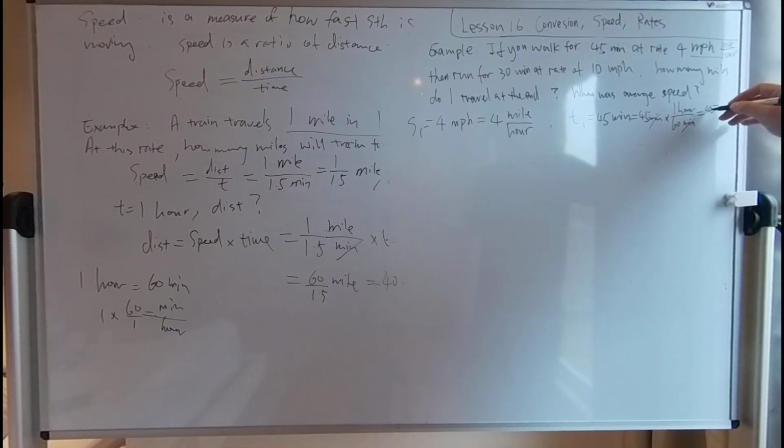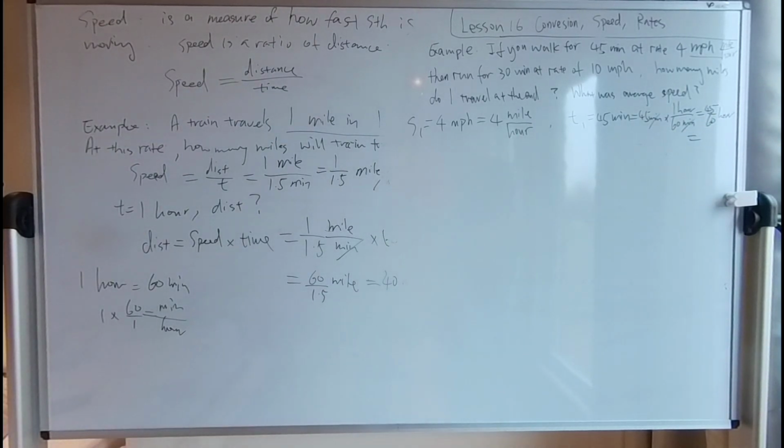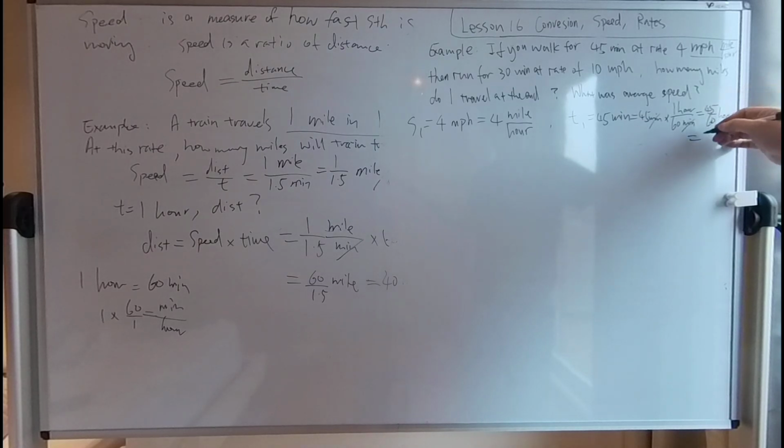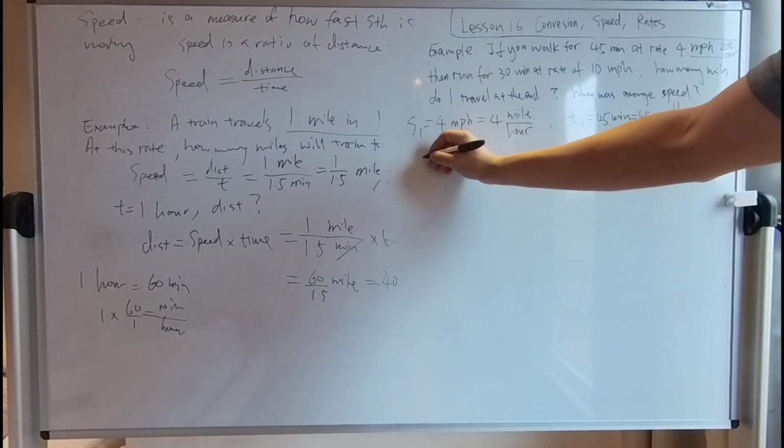This gives 45 over 60 hour, and 45 over 60 is 0.75 hour. Okay, same thing.